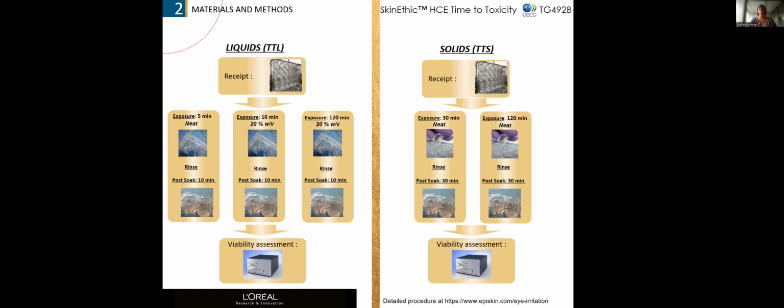For the liquids, you have three exposure times: 5 minutes neat, 16 minutes of a 20% dilution, and 2 hours 20 minutes diluted. For the solids, the protocol consists of two exposure times, with the neat solid applied onto the HCE for 30 or 120 minutes.